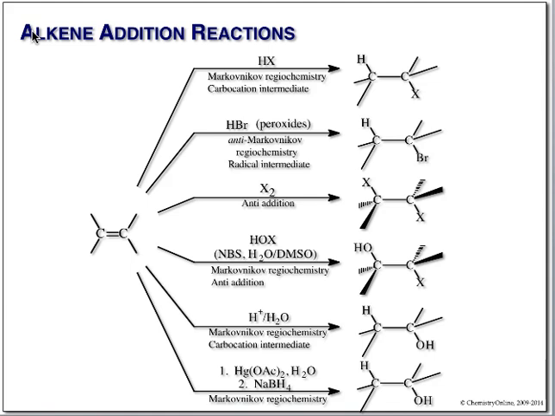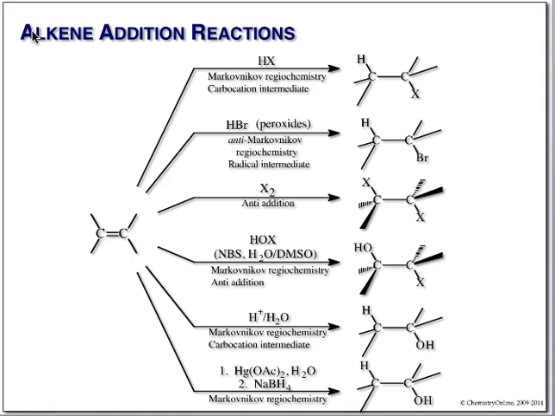HOX. X can be bromine or chlorine. Hypochlorite, oh, you're not familiar with the word, but hypochlorite is Clorox. This is basically just bromine and water. We're going to see that this mechanism is very, very similar to this mechanism up here and this mechanism up here. We can hydrate.